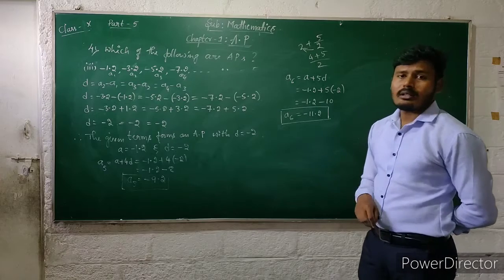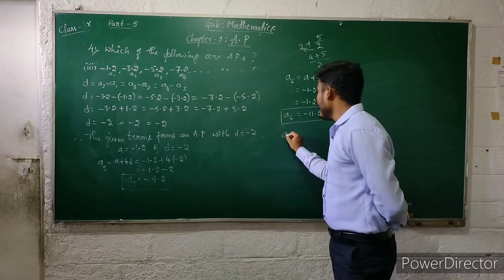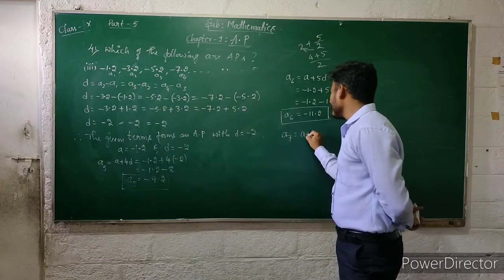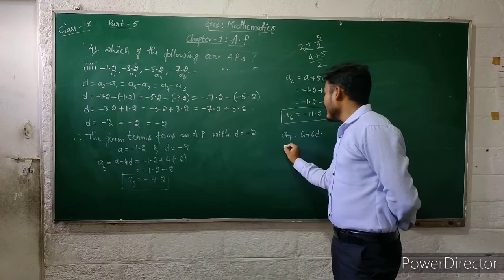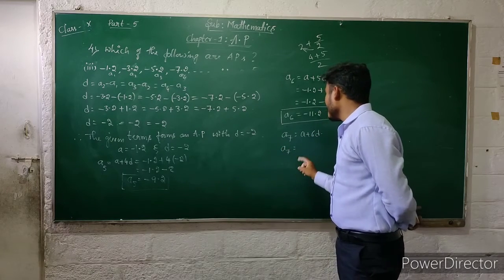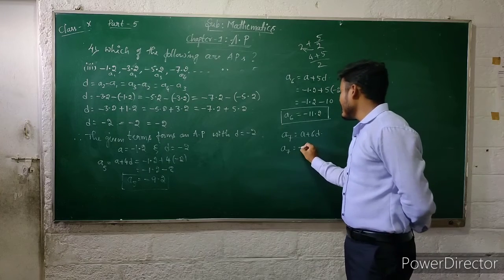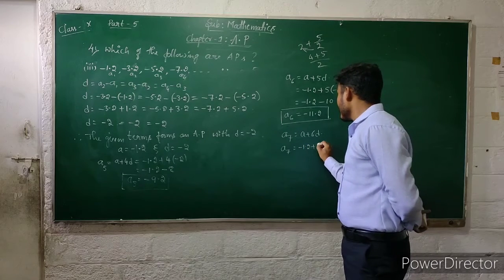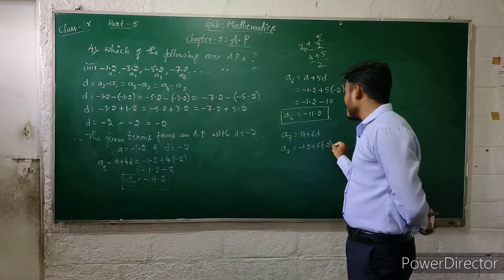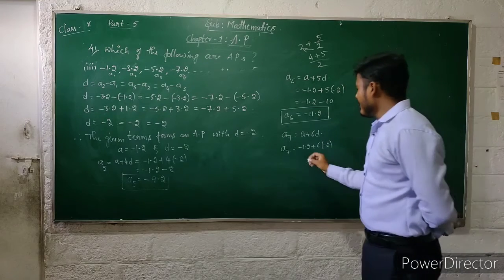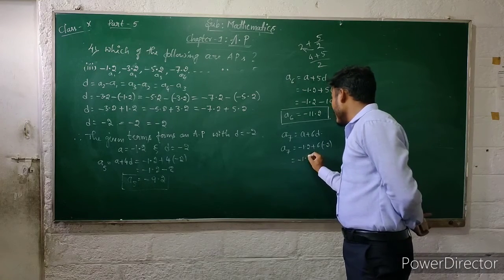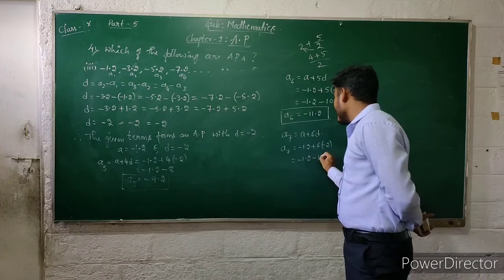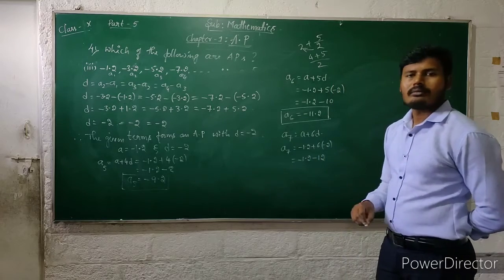Then find the seventh term. A7 is equal to A plus 6D. Then A7 is equal to A plus 6D, where A is minus 1.2, plus 6 of minus 2. This is equal to minus 1.2 plus into minus, 6 2s are 12.